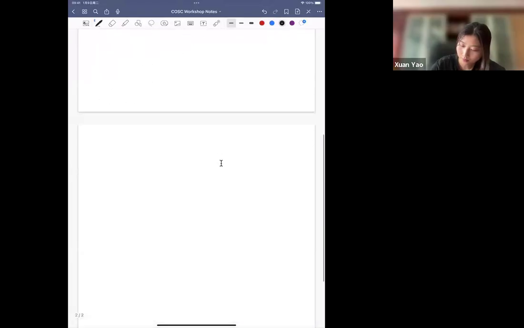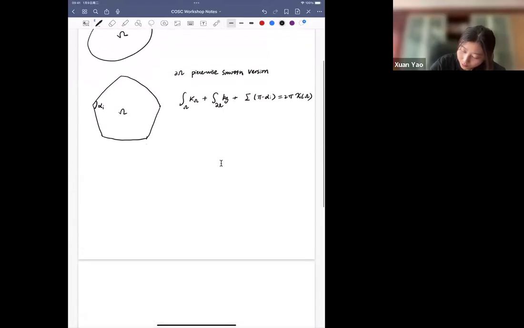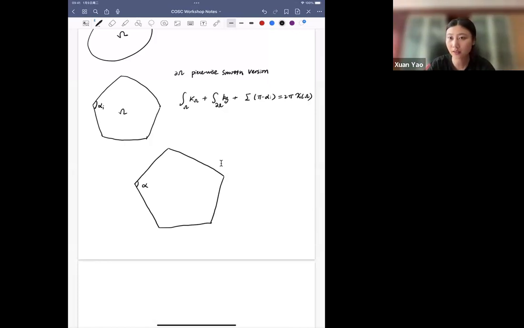If you are in Euclidean space with an angle alpha, you use a very small arc with radius r to approximate the singularity.